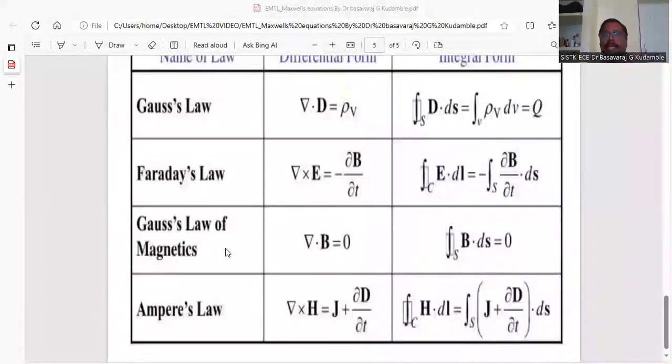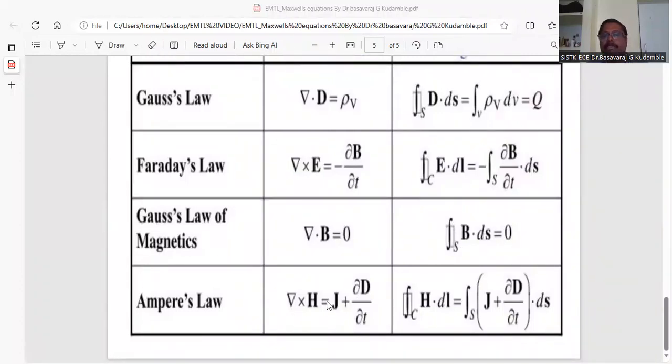Then Gauss's law for magnetism: the net magnetic flux for a closed path is equal to 0, that is, the divergence of B is 0. Similarly, in integral form, for a closed surface, the integral of B dot ds is equal to 0.